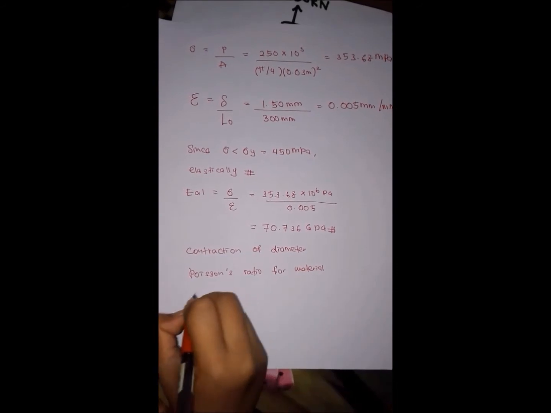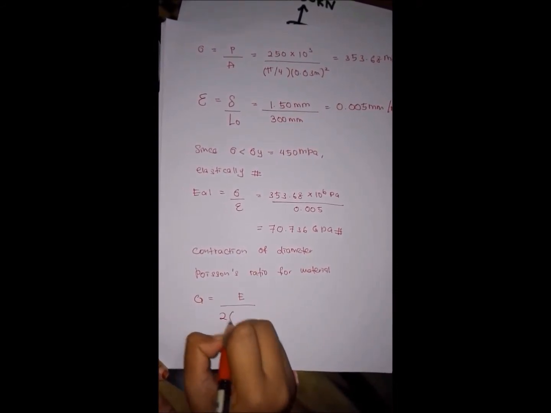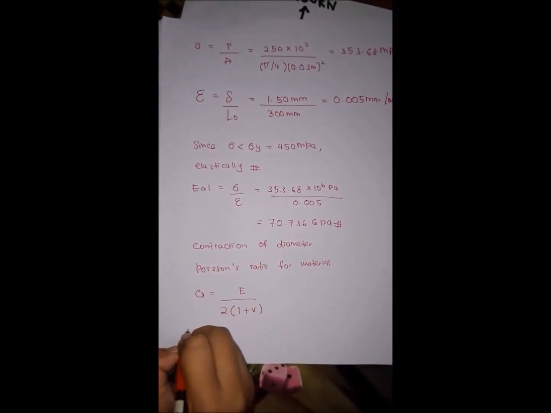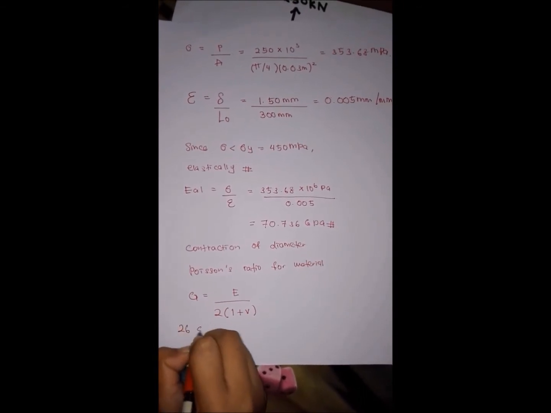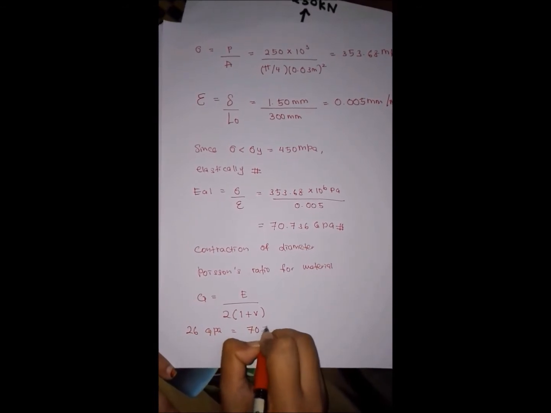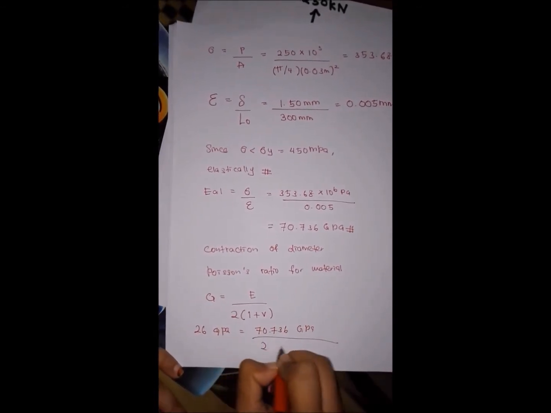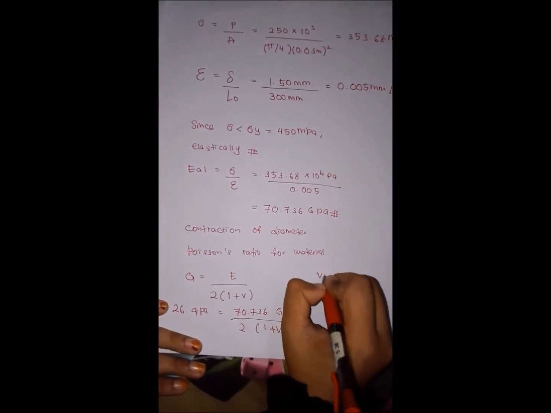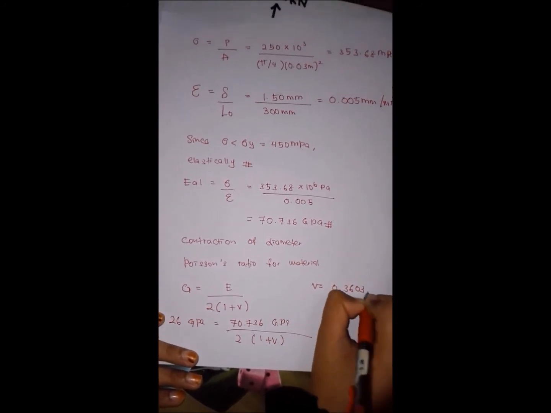By using the equation G equals E over 2 times 1 plus nu, and the given shear modulus of elasticity is 26 gigapascals, with E equal to 70.736 gigapascal, we get the value of nu is 0.303.